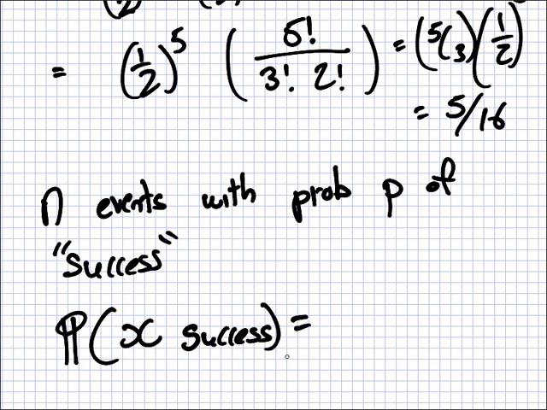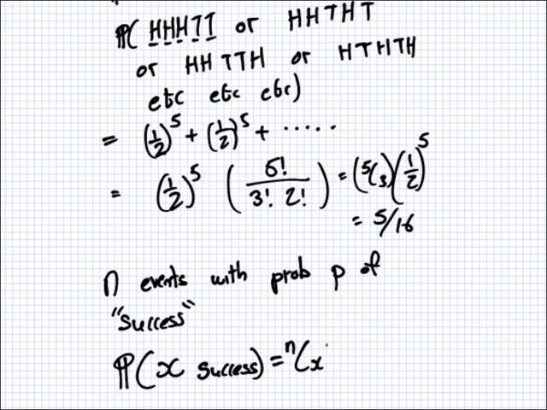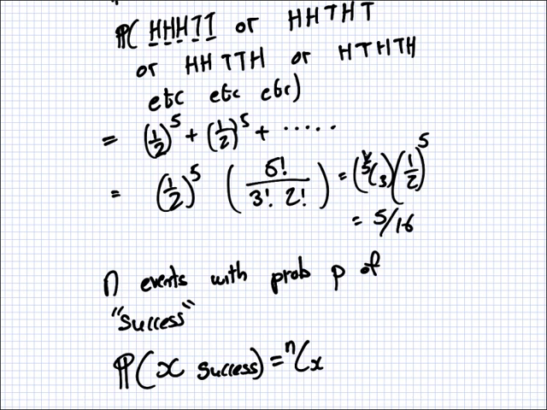The formula is NCX. If you look back at our last example, that makes sense, because the 5 was because there were 5 flips of the coin, and the 3 was because you wanted 3 heads.